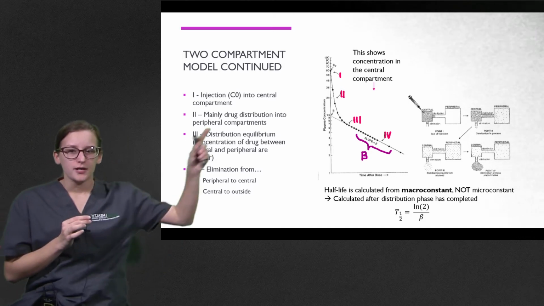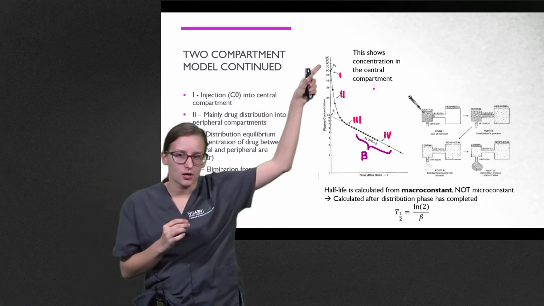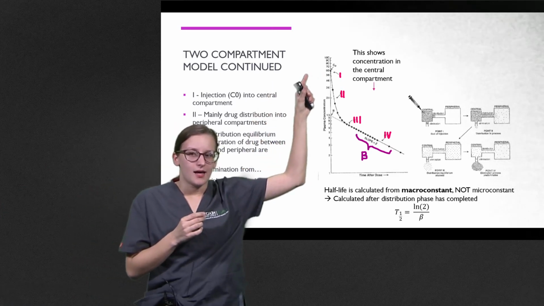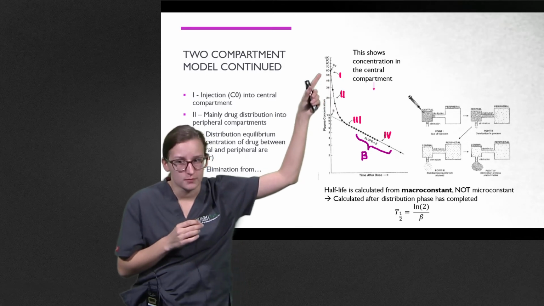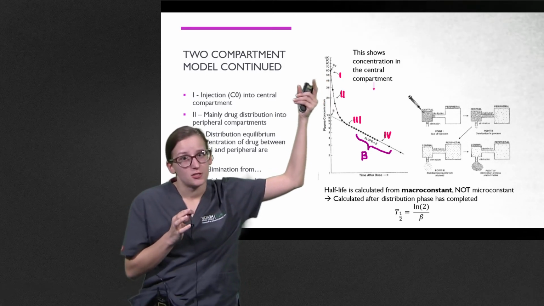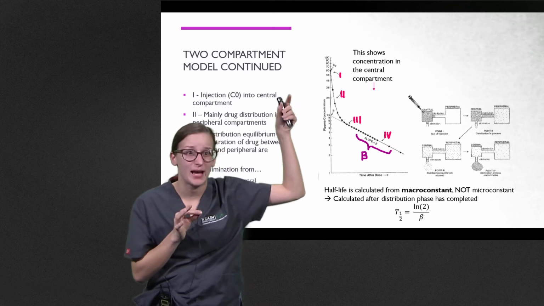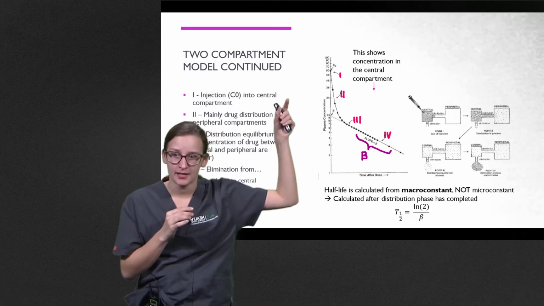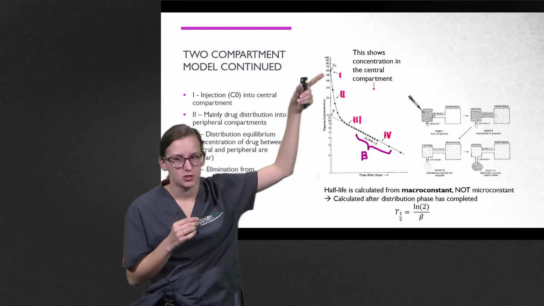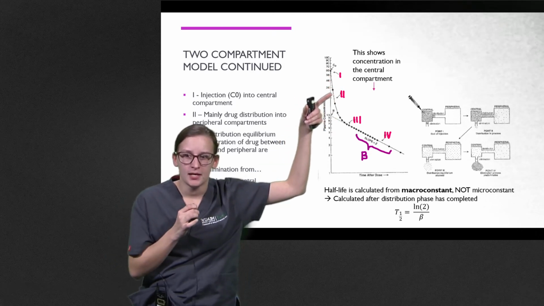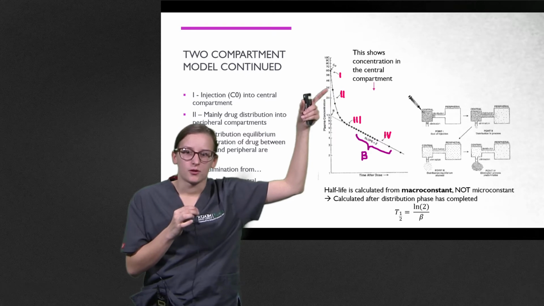So 1 is basically the injection. You added drug into your system, and we're just assuming it absorbs 100% because it's IV, so bioavailability is 100%. And then it'll rapidly distribute into cells. So that's what part 2 is, it's distributing from the central to the peripheral compartment.